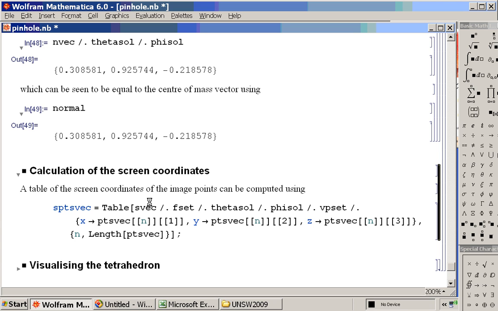And now I want to calculate a table of the screen coordinates of all the image points.